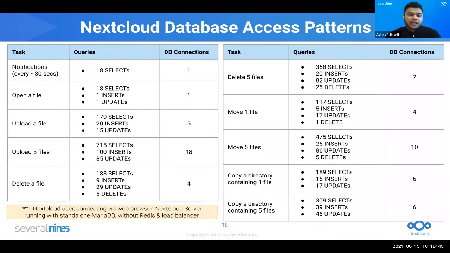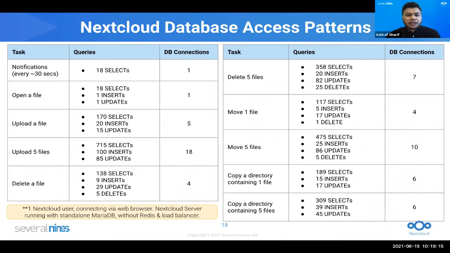I have performed some database query aggregations for common tasks that usually are performed by one active Nextcloud user. This information was collected by just turning on the MariaDB general log and letting the user access the Nextcloud application through a web browser and perform some common tasks. This is a very simple, straightforward measurement on a plain standalone MariaDB server without any caching layer or database load balancer.